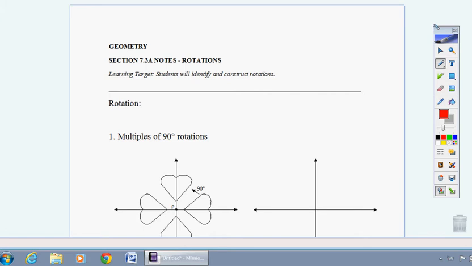When we talk about a rotation, it is a transformation. So we've been talking about transformations. Previously we talked about reflections.